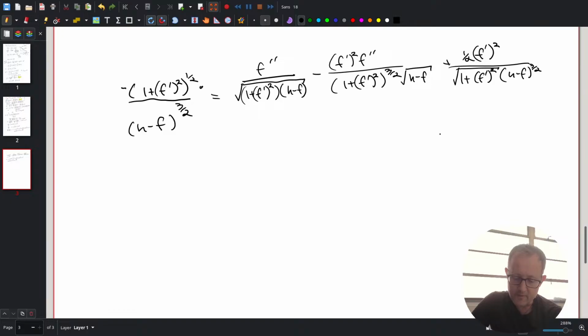I think for the most part, what was the trick? I know there's a trick to this. If we're trying to turn it into a differential equation, the main thing that we want to do is separate out this f double prime.